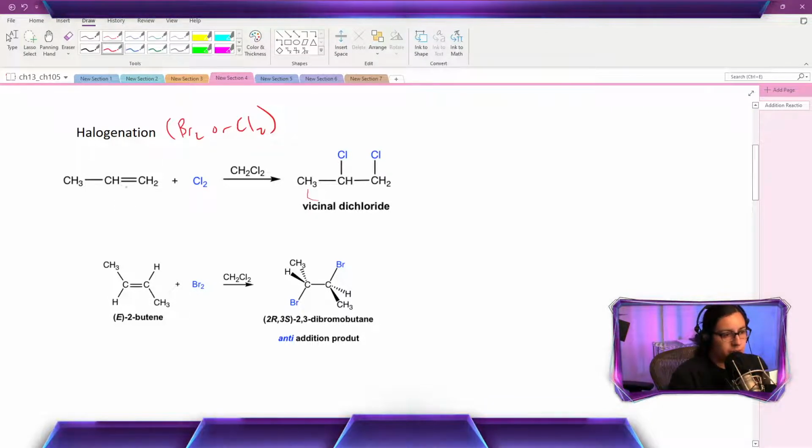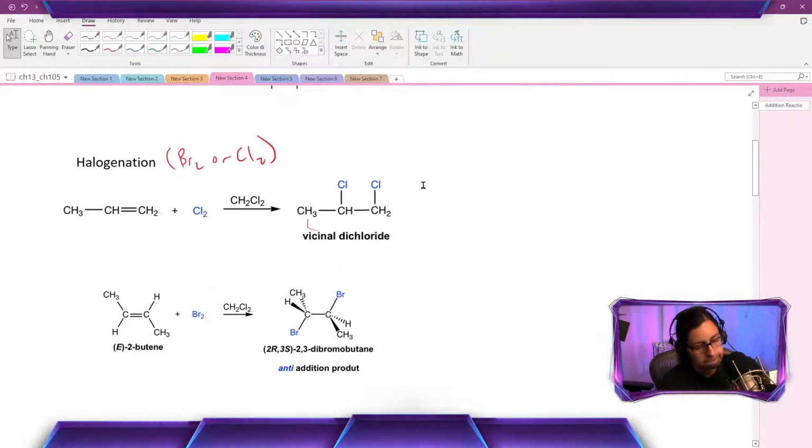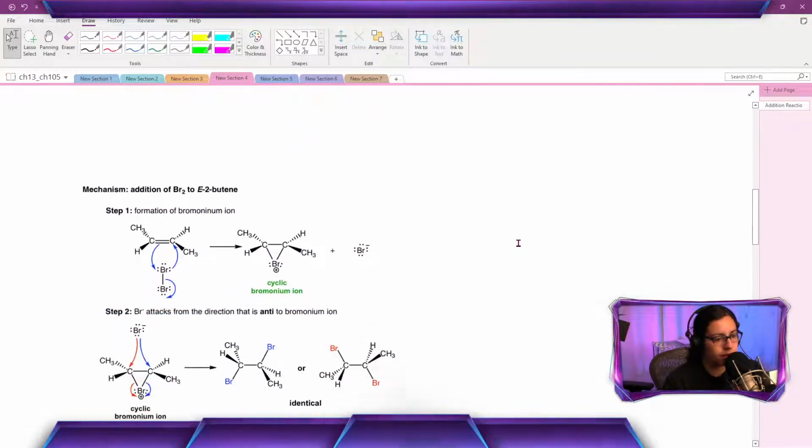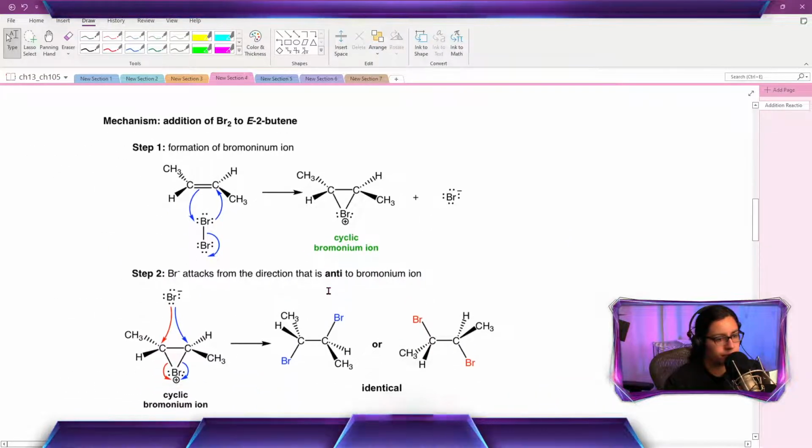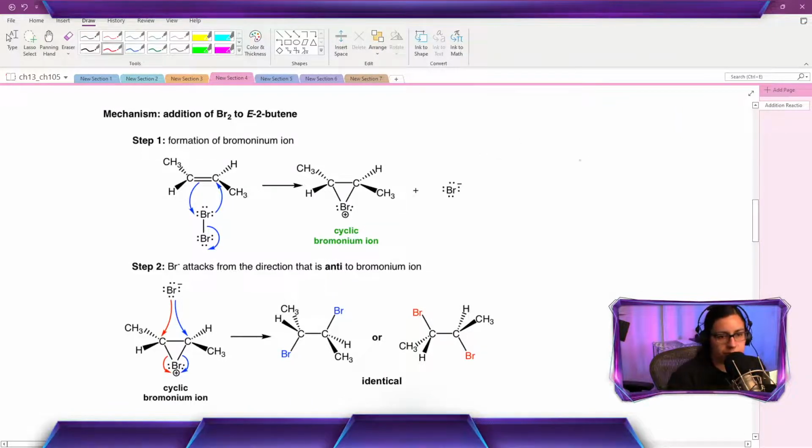So we have our compound here, propene, and then we're adding chlorine across the double bond. But what we actually want to do, so let's take a look at the mechanism because we want to understand how we get our products. So now we're adding it to butene.